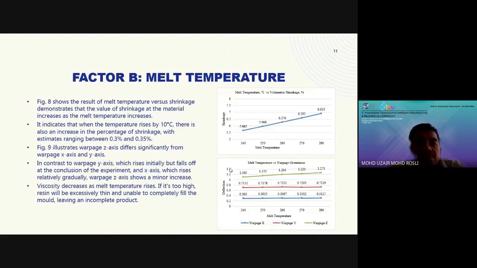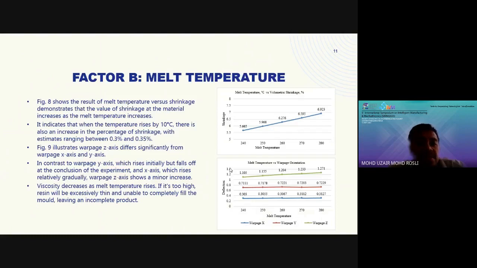Factor B is melt temperature. Figure 8 shows the result of melt temperature versus shrinkage. It demonstrates that the value of shrinkage of the material increases as the melt temperature increases as well.